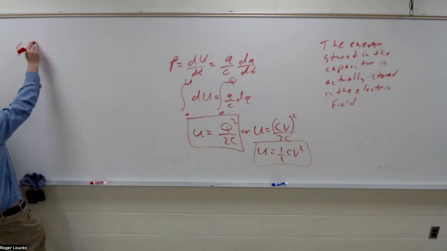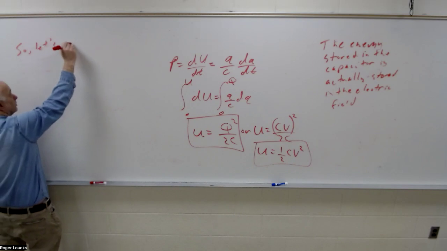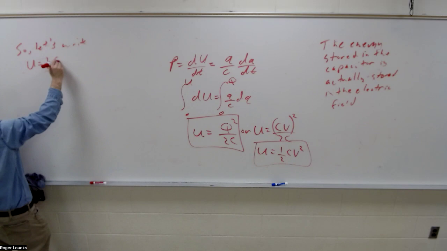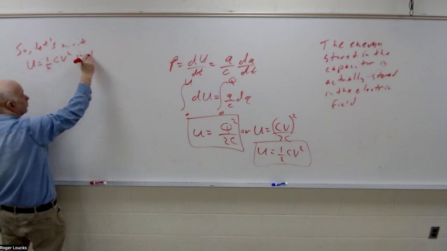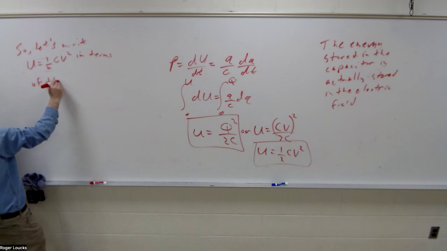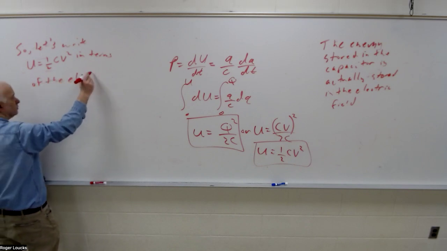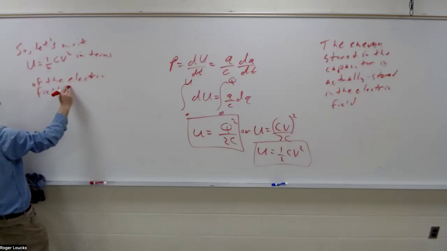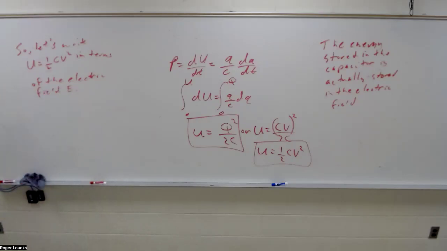So let's write U equals 1/2 CV squared in terms of the electric field, E. Okay.